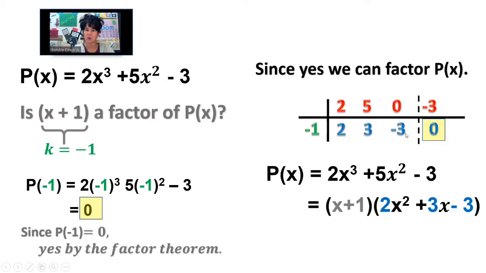Okay, the answer that we got here, x plus 1 times this one equals our original. So we were able to use the fact that x plus 1 was a factor, so we divided and now we have it factored. I could go on to take a look at that quadratic right there and try to factor it, but it turns out that one does not factor. So we have completely factored this cubic right here.